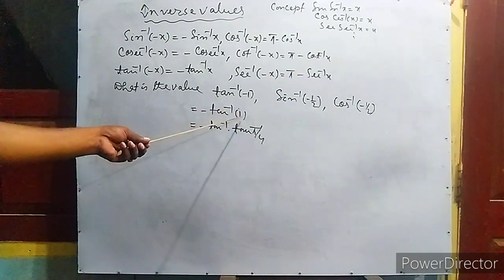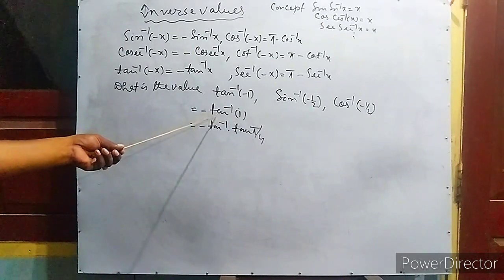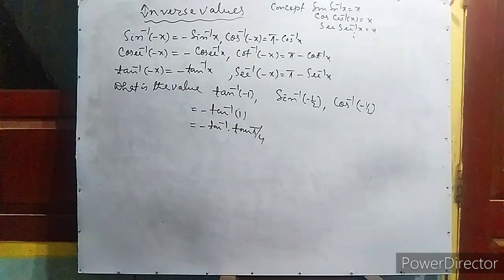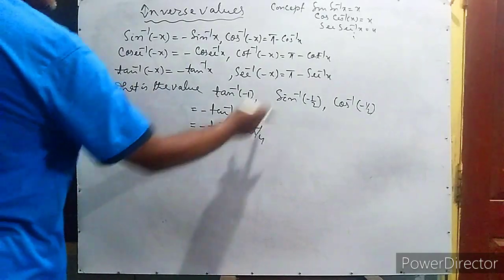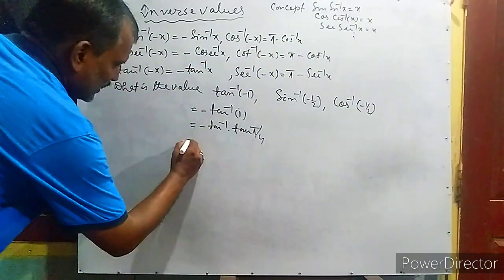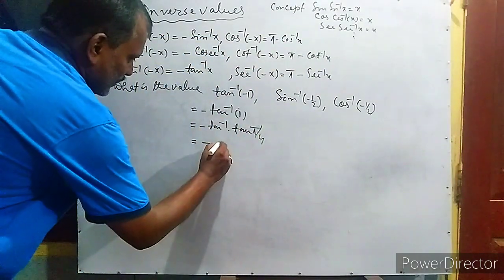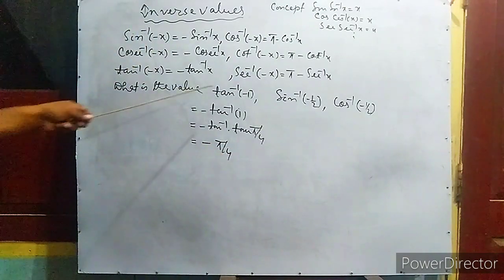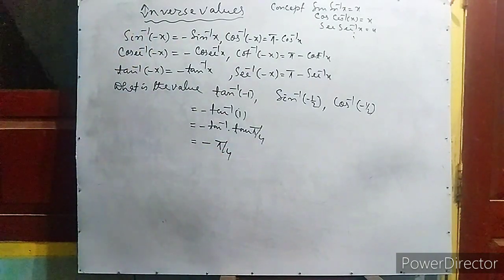Why not write sin? Because tan inverse is given, so you write in tan form. Here tan and tan inverse will cancel, and the minus is there, so you get pi by 4. So tan inverse minus 1 equals minus pi by 4.